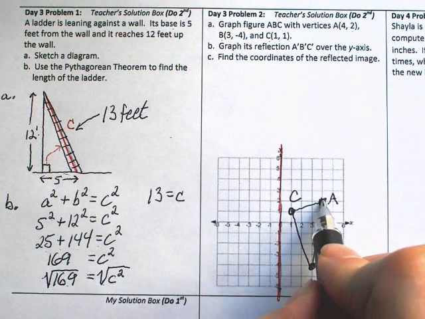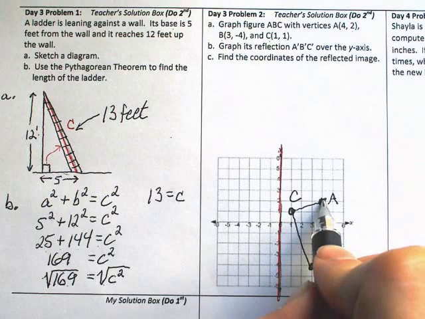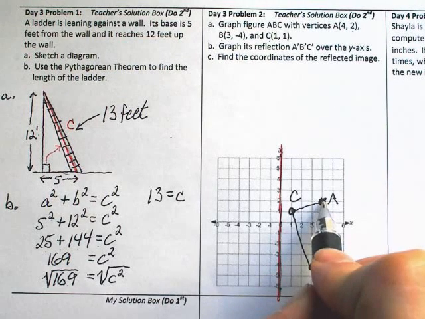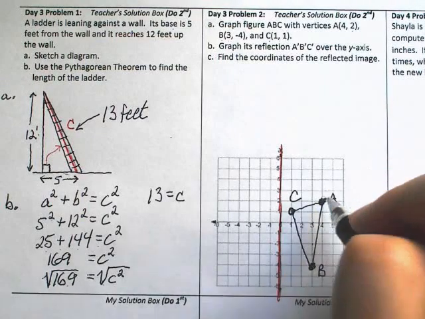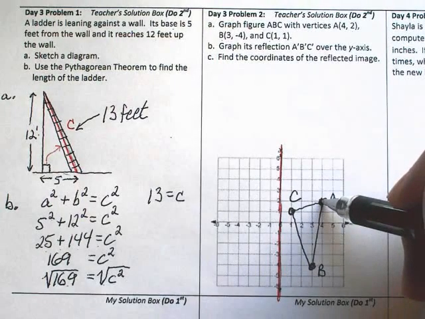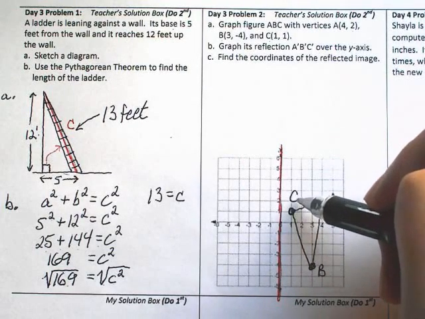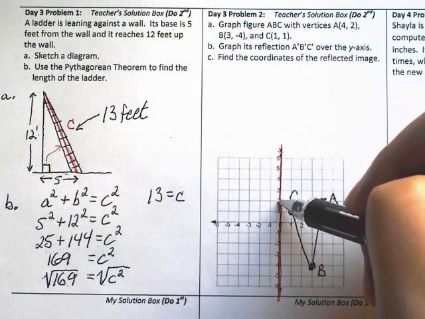For instance, here's point A. If I travel to the red line from point A and keep track of how far it is, then we could just continue on to the other side of the red line that same amount of spots, and that would locate us the reflection of point A. So let's do that. Here's point A. 1, 2, 3, 4.